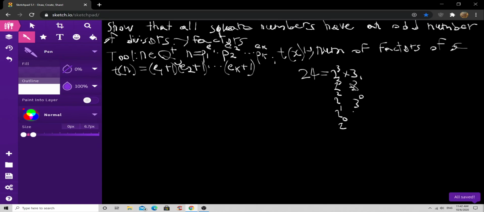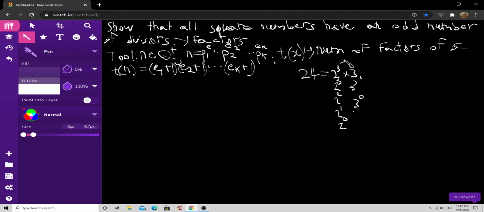So in order to get all of the factors, we just multiply the number of values here, which is 4, by the number of values here, which is just 2. So the number of factors here is 8.